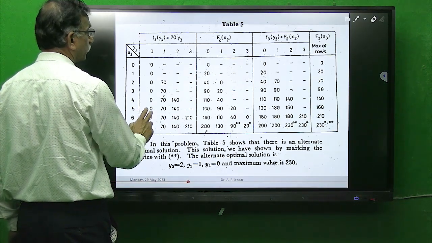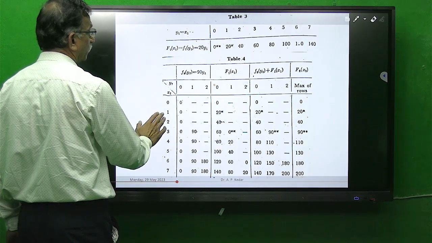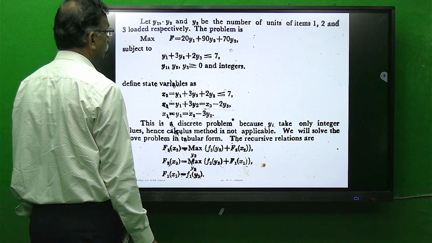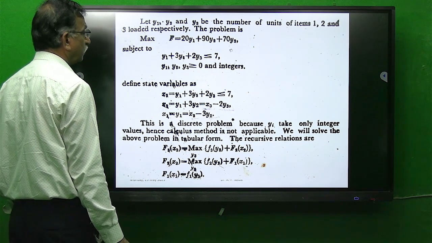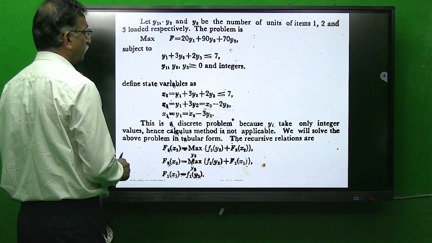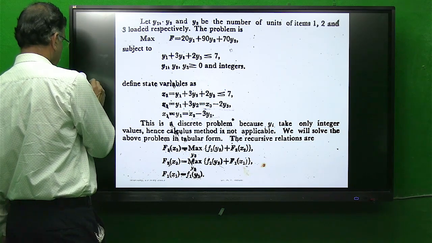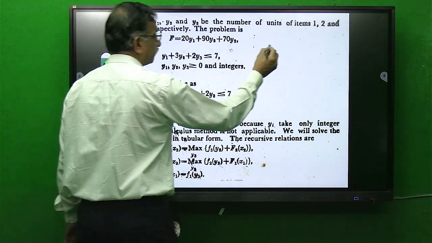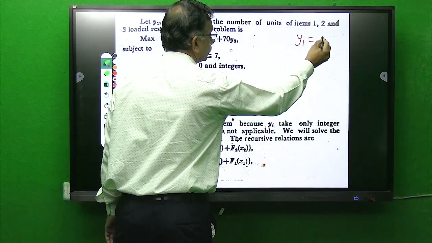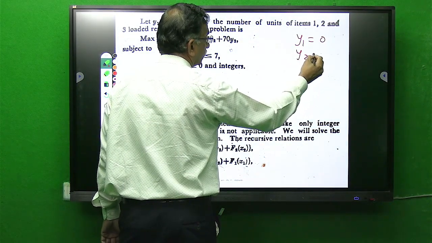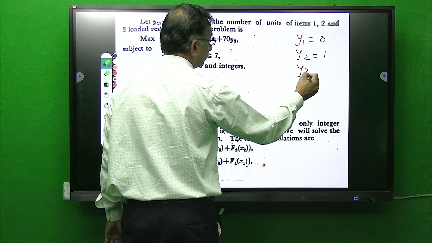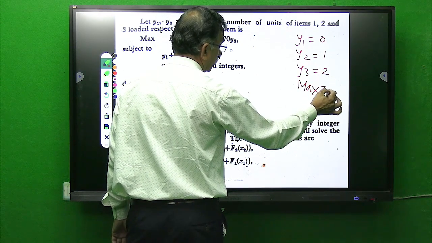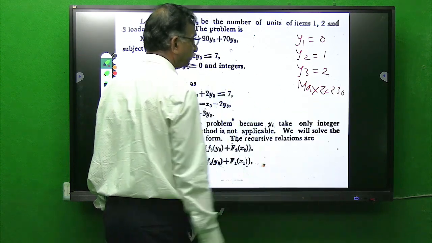Now we'll cross check. The second solution which we got is y1 equal to 0, y2 is 1, and y3 is 2, and max z was 230.